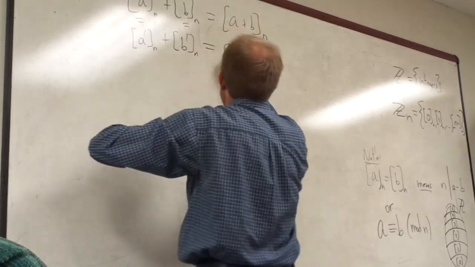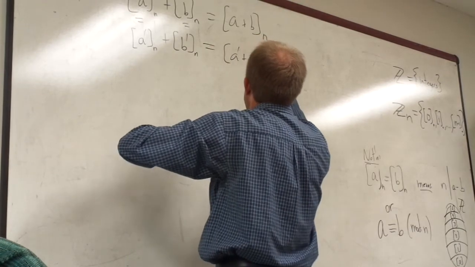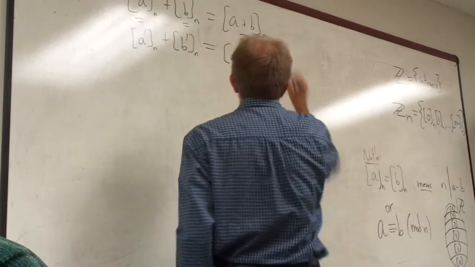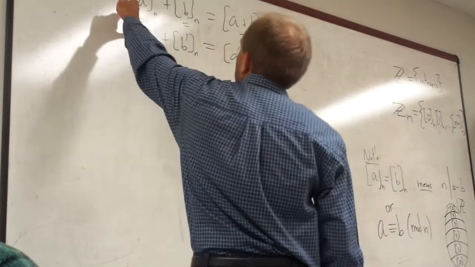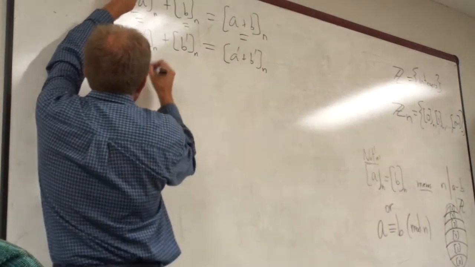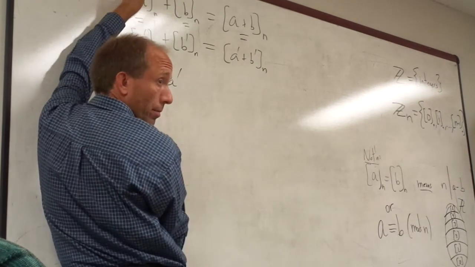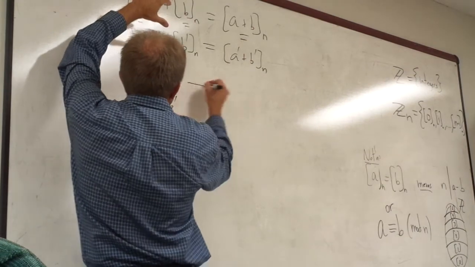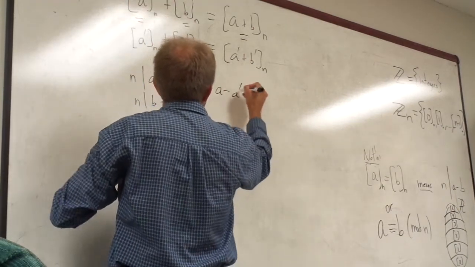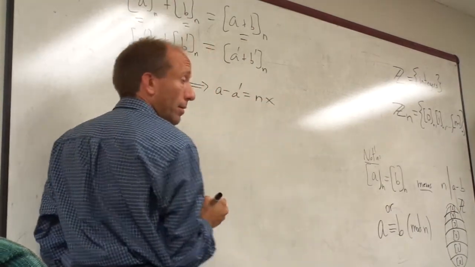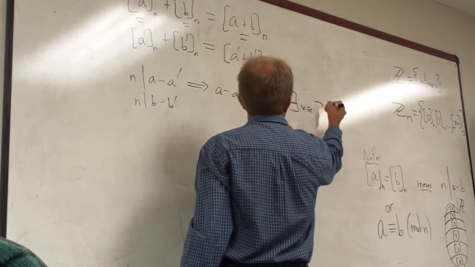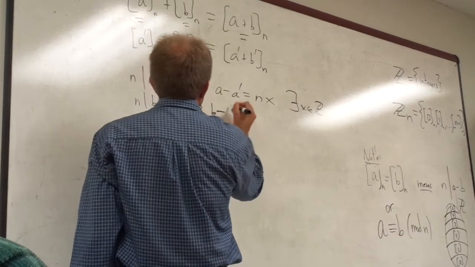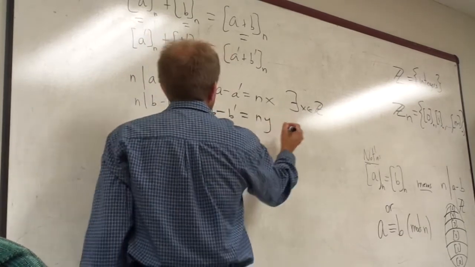Then we do the addition using the same formula. Then it better be true that this is equal to this. Right. Well, this being equal to this just means that n divides a minus a prime. This being equal to this just means that n divides b minus b prime. In other words, a minus a prime is some multiple of n. Okay. And b minus b prime is some multiple of n.